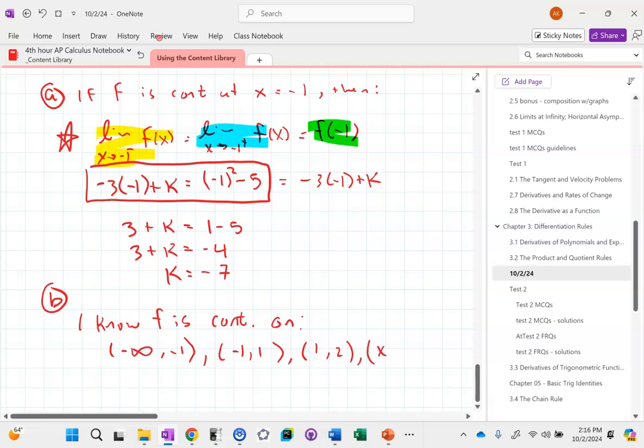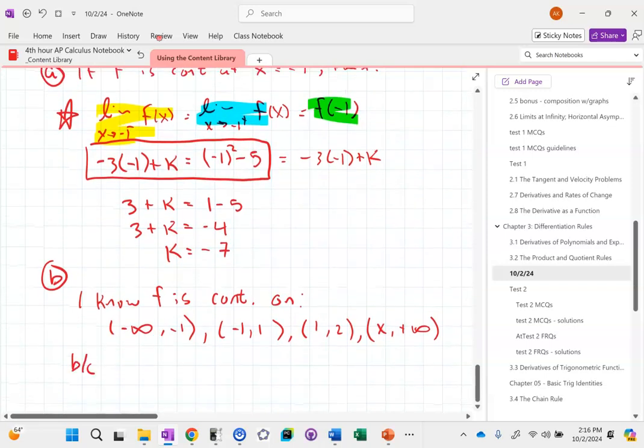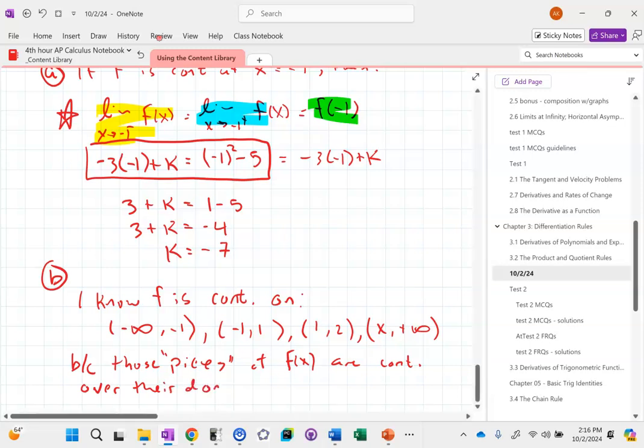There and here, because those pieces of my piecewise function, well, let's just say f of x, that's a lot less writing, are continuous over their domains.